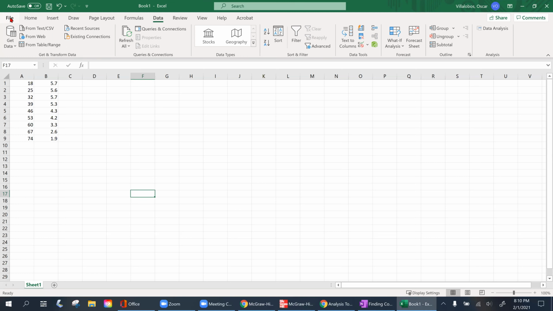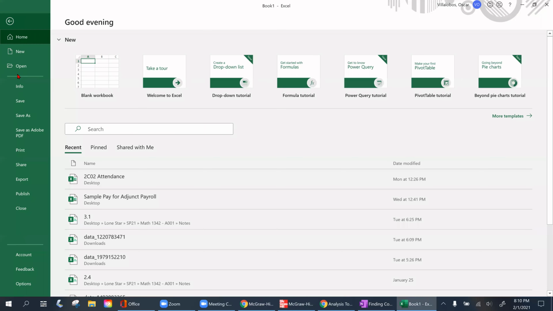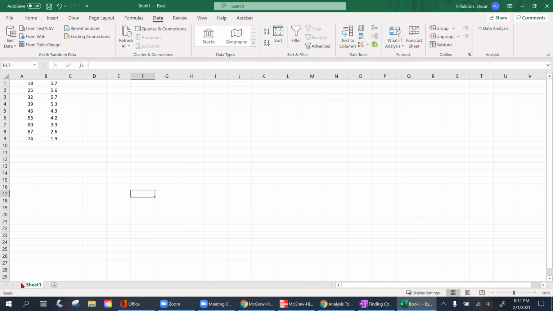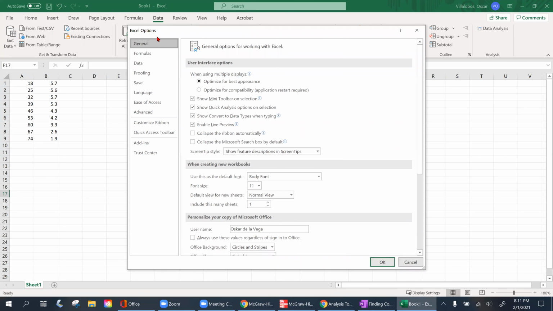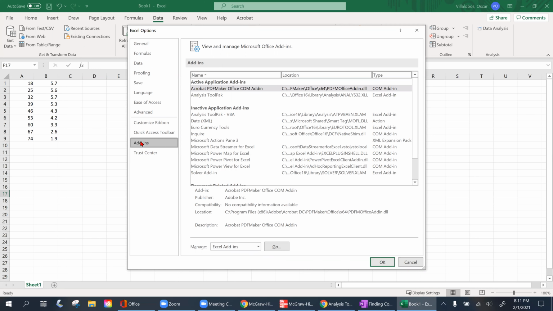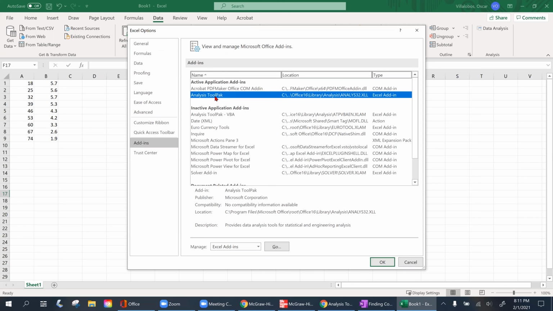You're going to go to File on the top left, and you're going to go down to Options. When the Excel Options pops up, you're going to go down to Add-ins, and then you're going to click on Analysis ToolPak.